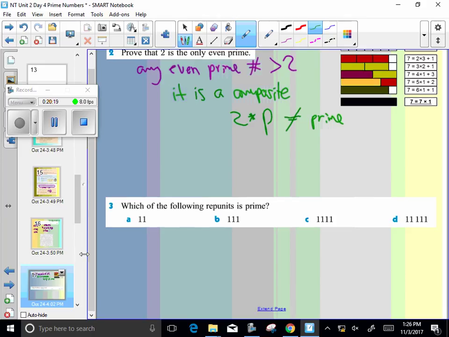Let's take these numbers. Which of the following repunits are prime? It's not binary. It's just the number 11. Is 11 prime? Yeah, 11 is prime. How about 111? That's divisible by 3, isn't it? 3 times what? 37. So not prime. How about this one, 1,111?